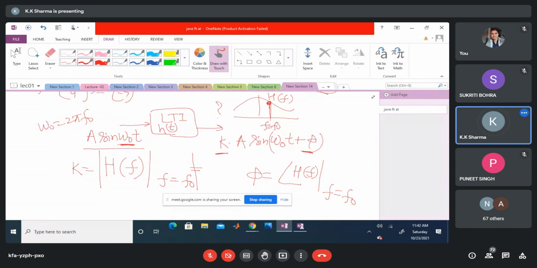This is the value of k. And the phase value at this frequency is the phase of the Fourier transform, because h of f is in general a complex quantity, and any complex quantity will have some phase. For 2 plus 3j, what is the phase angle? Tan phi is equal to 3 by 2.